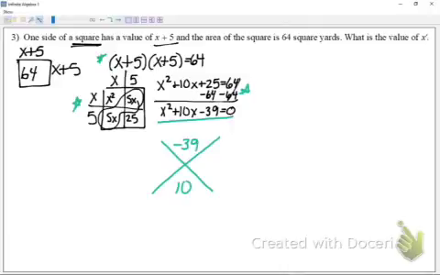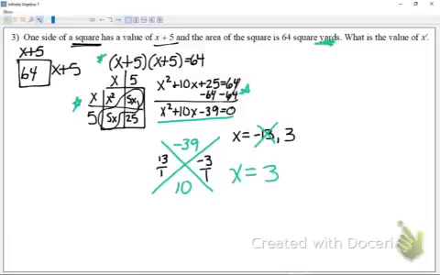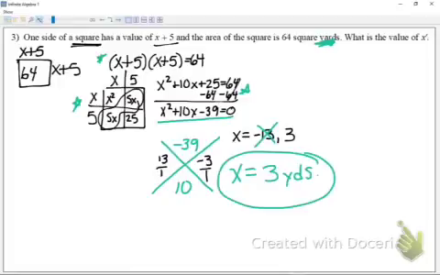Your magic numbers should be positive 13 and negative 3. Divide by A, and you should get that x equals negative 13 and positive 3. But like we said before, no negative answers, so x should equal 3. And we are dealing with yards in this problem. 3 yards.